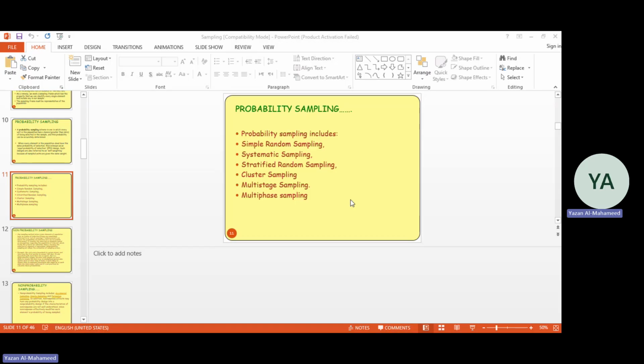So we create the strata based on some criteria that those people have in common, and those groupings are called strata.